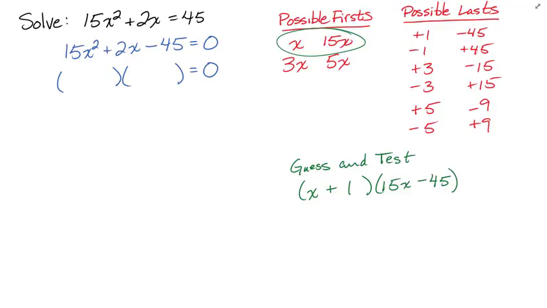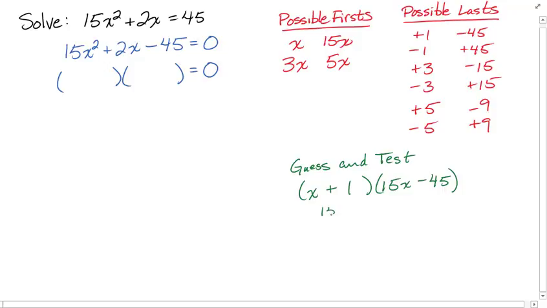And how do we test it? Well, you FOIL it out. So first times first is of course 15x squared. That's how we planned it. The outer is a minus 45x, and the inner is a plus 15x. So they will combine to give us a minus 30x. We can actually stop there because we don't want a minus 30x.